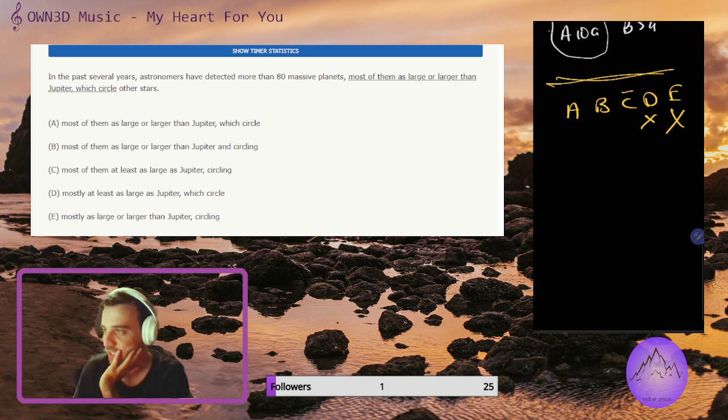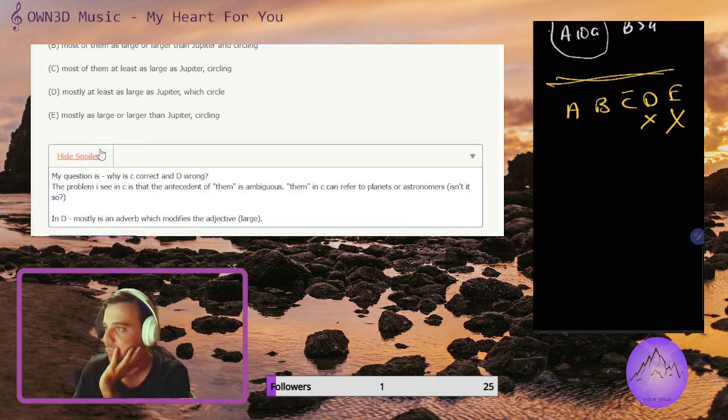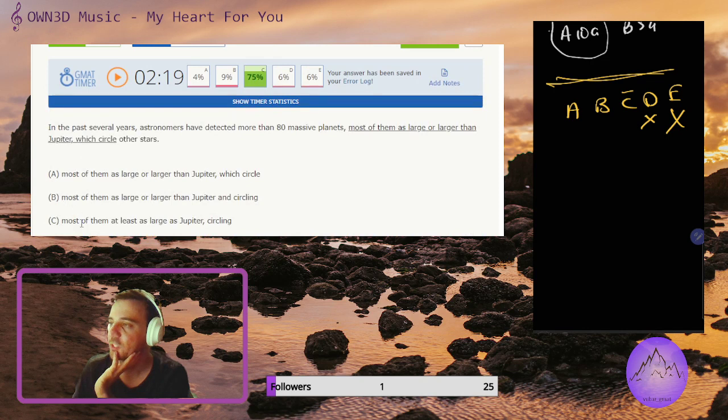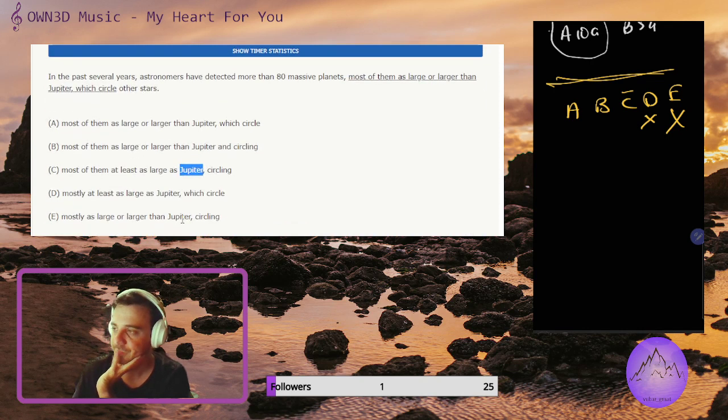Well, let's see if anyone actually explains this. Why is C correct and D wrong? I think because of which, and also because of mostly. Okay, so this person's raising an interesting question. They're saying most of them at least as large as Jupiter is ambiguous.